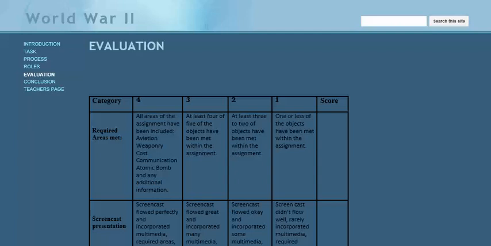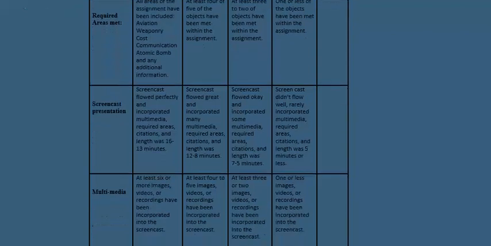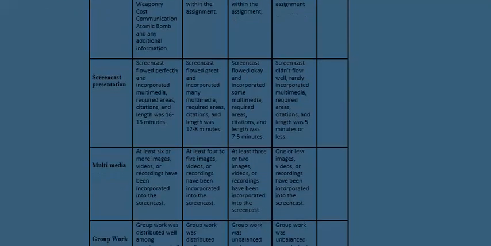Basically, you're going to look under all the fours, and for the top one, you want to have those individual requirements. We talked about the cost, communication, atomic bomb, weapons, aviation, etc. You're going to want to have your presentation flow well. You want to incorporate multimedia, like I said, videos, pictures, the required areas that we just spoke about, citations, and you're going to want to have a 13 to 16 minute video.